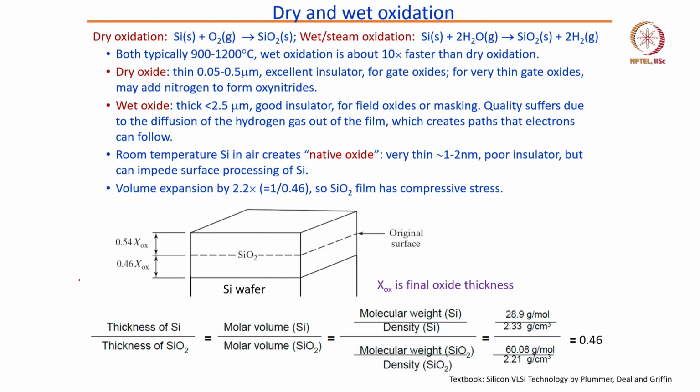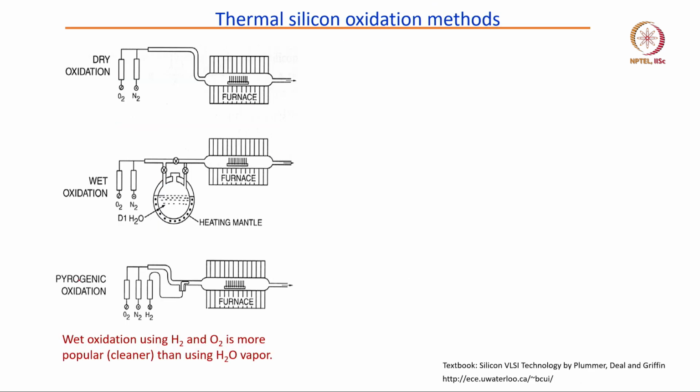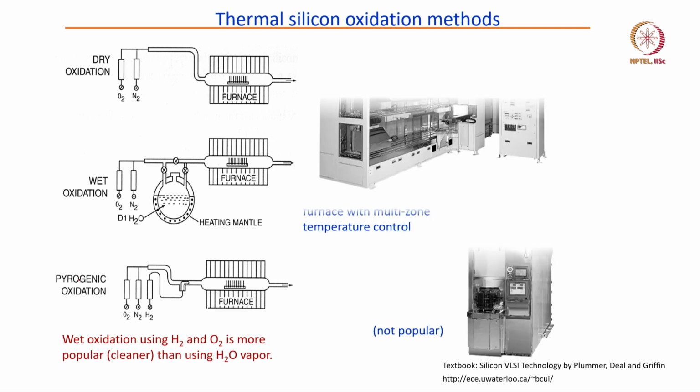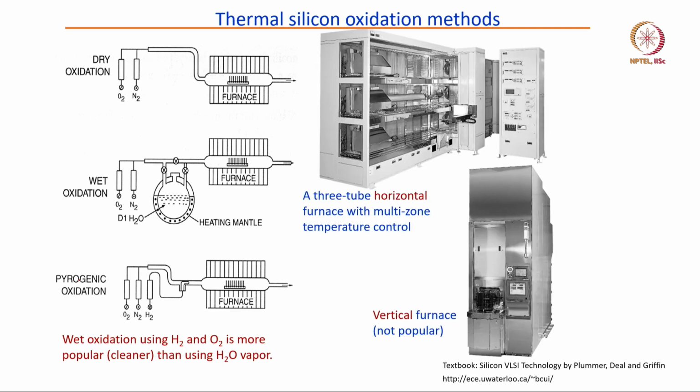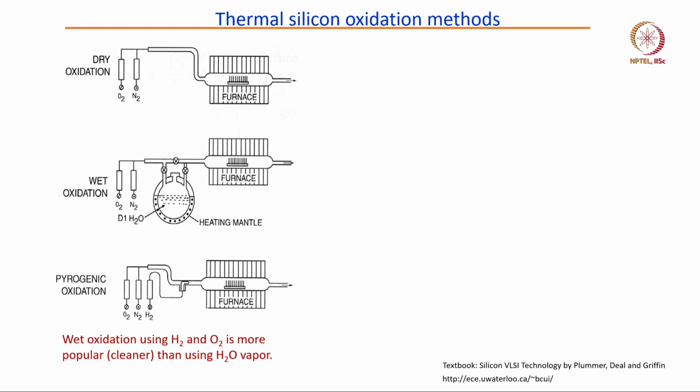Okay. So, the next step is that we have to grow the silicon dioxide, and for growing silicon dioxide there are 3 different techniques. These are dry oxidation, wet oxidation, and cryogenic oxidation. So, what are those? In dry oxidation, as you can see on this particular slide, before we go to see the 3 tube horizontal furnace, first let us understand this one.